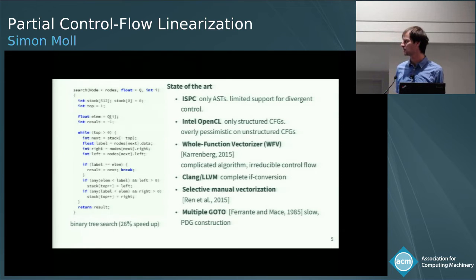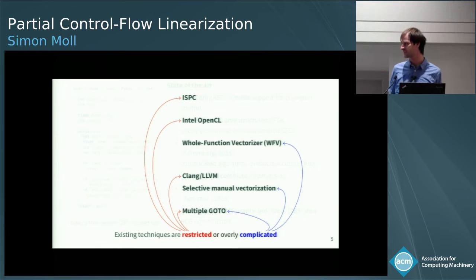And there's also earlier work, again by Ferrante and Mace in '85, which is a program dependence graph-based approach. So that implies that you first have to construct a program dependence graph, and then you get this algorithm which is slow and also doesn't give you any guarantees. To summarize, existing techniques are either very restricted, meaning they cannot handle arbitrary control, or at least not arbitrary divergent control, or they're too complicated in terms of runtime or in terms of the implementation.